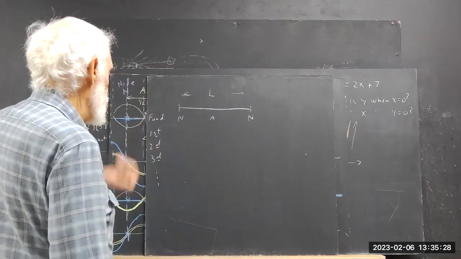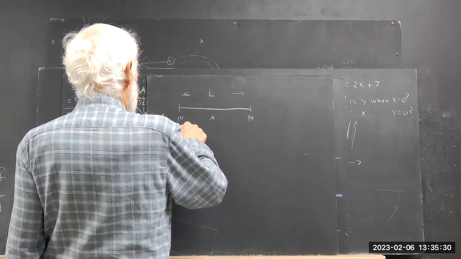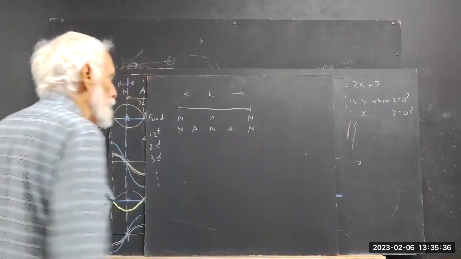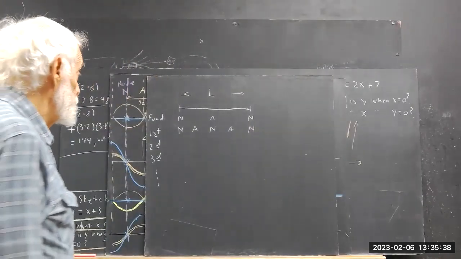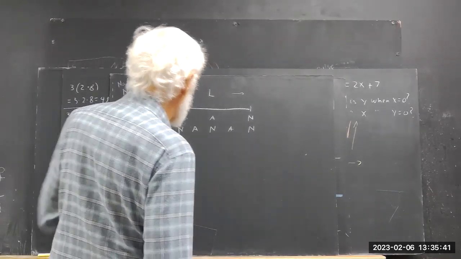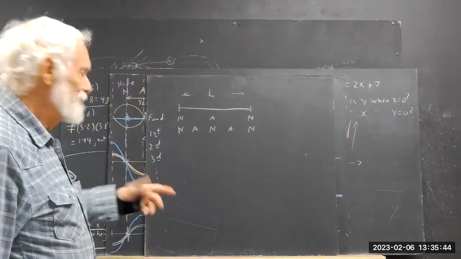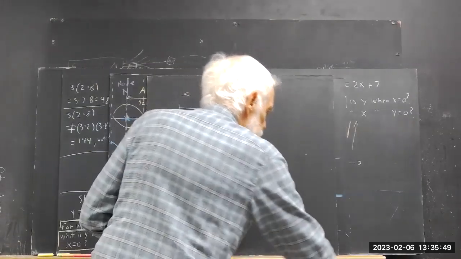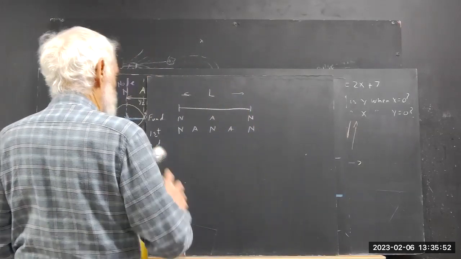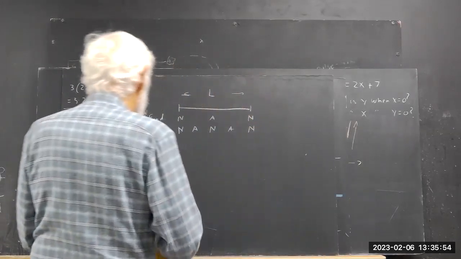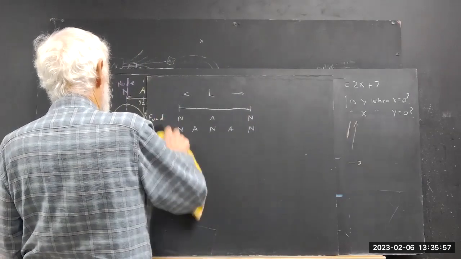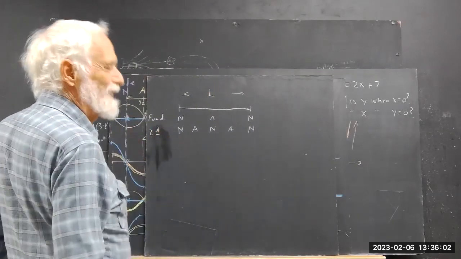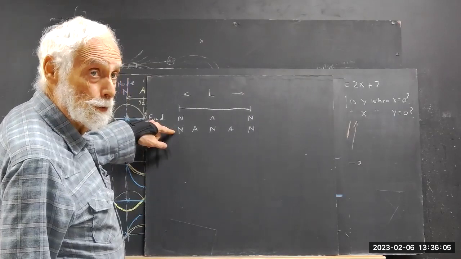Okay. For the second harmonic, now your nodes and antinodes have to be equally spaced. It's going to put an antinode in the middle. We call this the first overtone, the second harmonic.